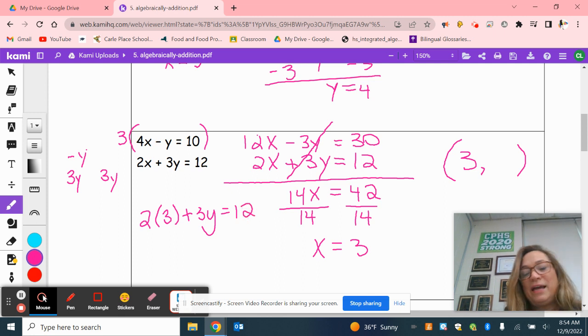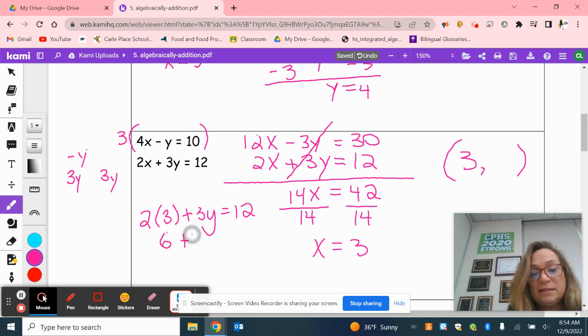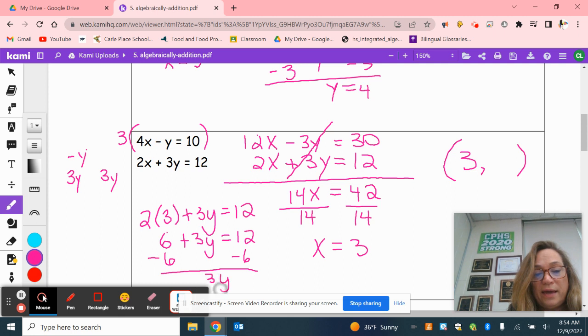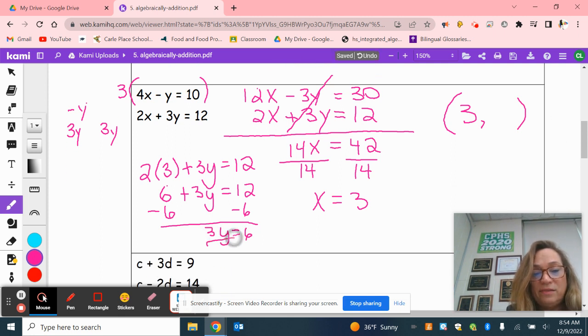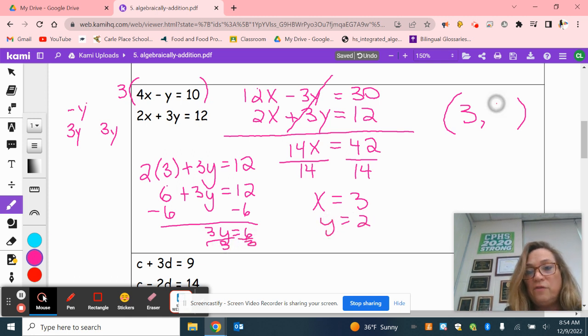I kind of think I just chose that because it had no negative numbers. But you can choose either one. 2 times 3 is 6. Subtract the 6. So 3y equals 6. And then lastly, divide by the 3. So y equals 2. For every x, there's only one y.